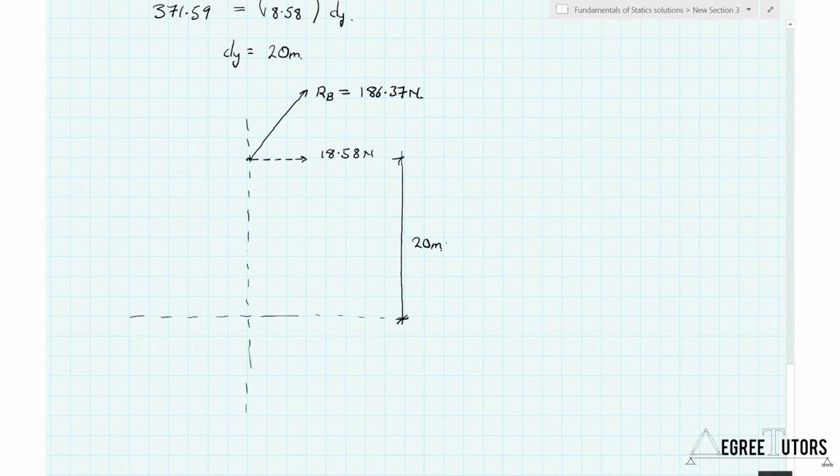Okay, and it's also worth pointing out that the vertical component of that force, which was 185.44, the line of action of that force passes through the origin, and it therefore has no moment effect. Okay, so that is essentially what we're going to call system D, which concludes this particular question.